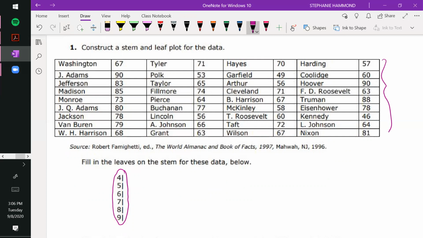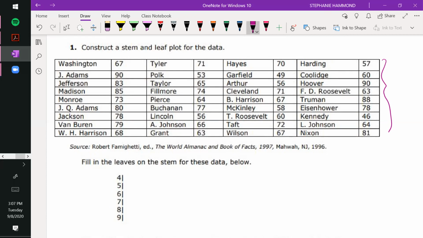So 6 for 60s, 7 for 70s, and so on. When I create my stem, I have to include every number between my minimum and my maximum. We couldn't skip 5 if there are no 50s in there. It has to be there. It has to show that shape of the distribution.